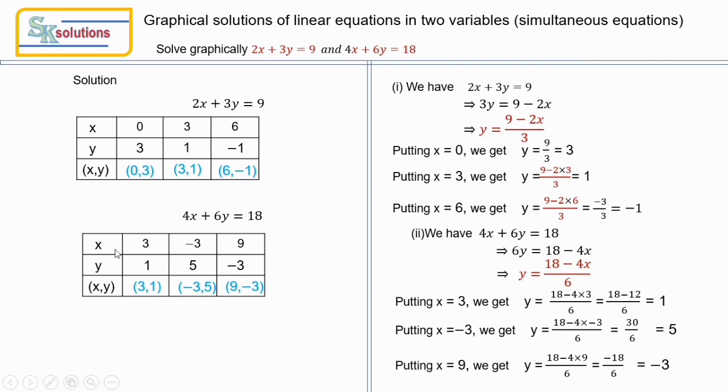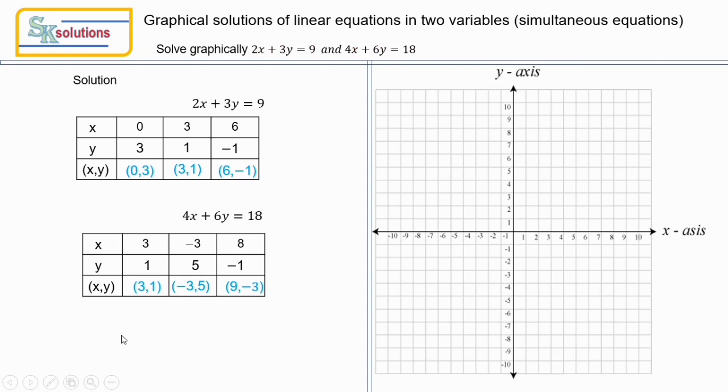Now we need to plot these points on the graph paper and let's draw the graph of these equations. So the graph paper is here. Let's start plotting the points. See, the first point is (0, 3). So the point (0, 3) is here. 0 on x-axis, 3 on y-axis. Next point is (3, 1).